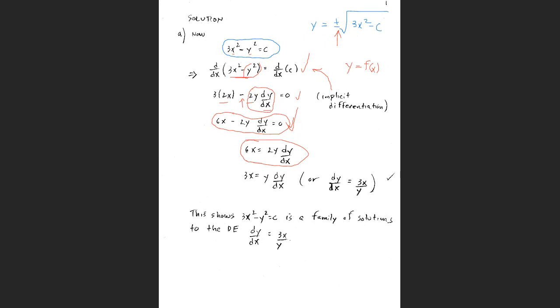And we got it. y dy/dx does equal 3 times x. So it checks out. 3x squared minus y squared equals a constant is a family of solutions to the differential equation.